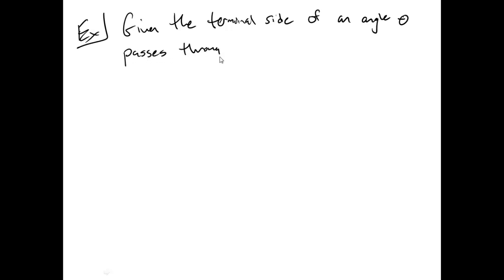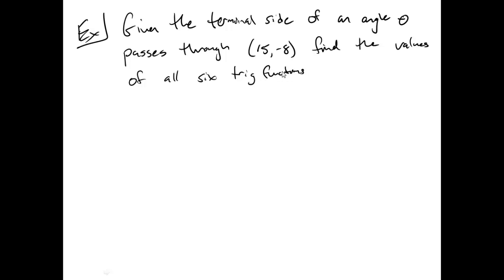All right, given the terminal side of an angle theta passes through the point 15, negative 8, find the values of all 6 trig functions for theta.